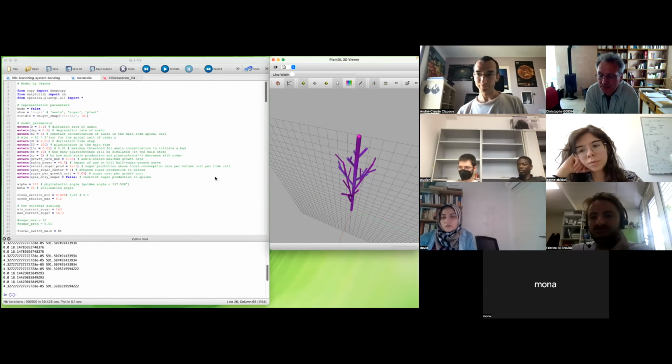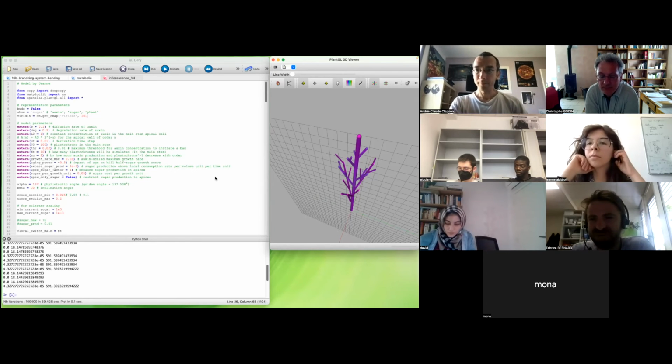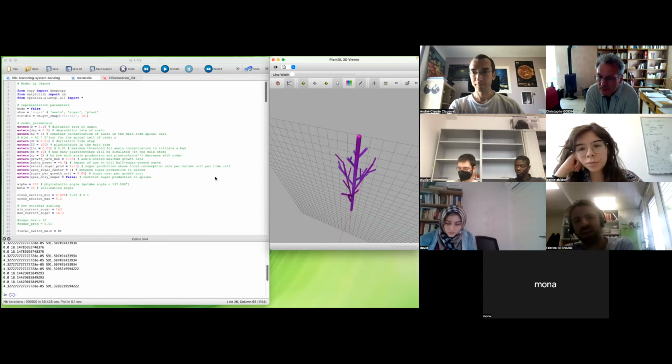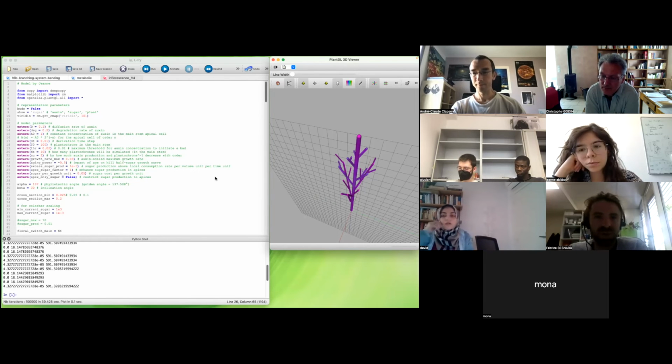I have a question or a suggestion. It's a bit related to Christophe's remark. For biologists, from a naive point of view, I would say that indeed the sugar factories are leaves. So could you compute, because you produce leaves in your model?